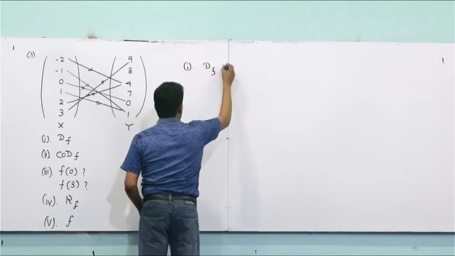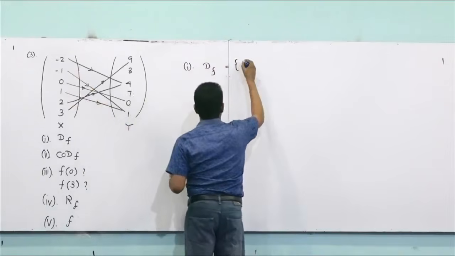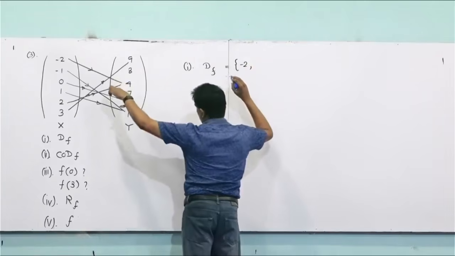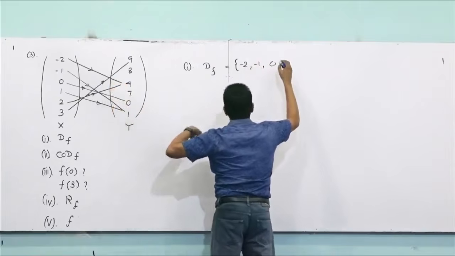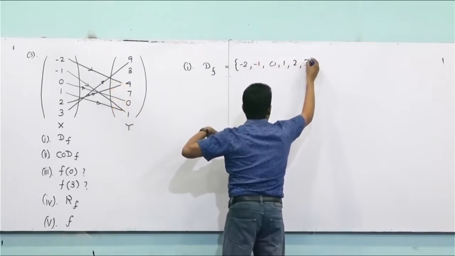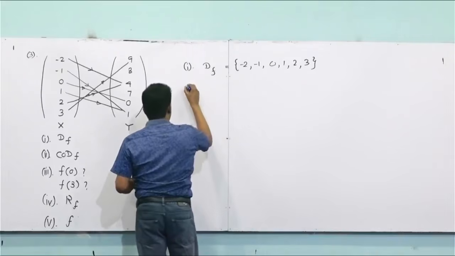Now first one, DF. DF means the capital X set. No? Then elements are -2, -1, 0, 1, 2, 3. Second one, CODF.